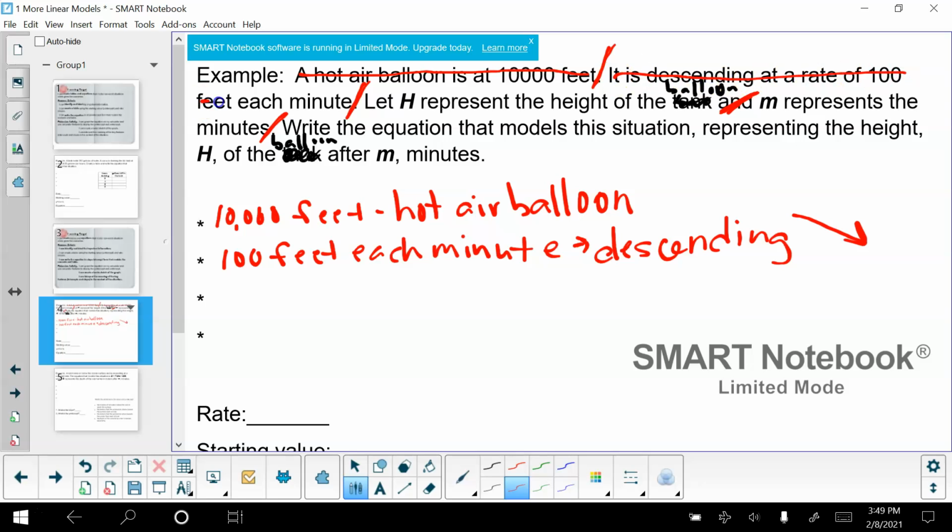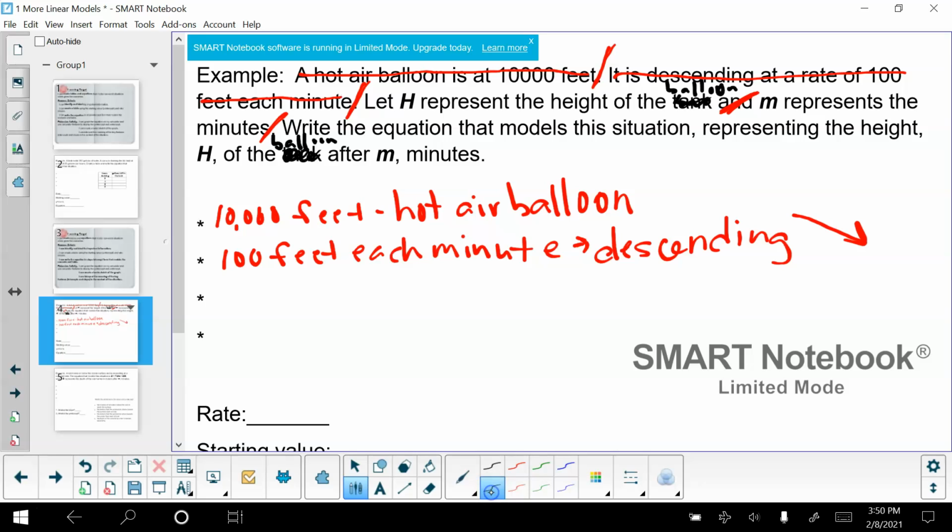So when you find those clue words that indicate a direction, either going up or going down, increasing or decreasing, or like ascending or descending, it is important to include those in your important information that you're writing down from the scenario.